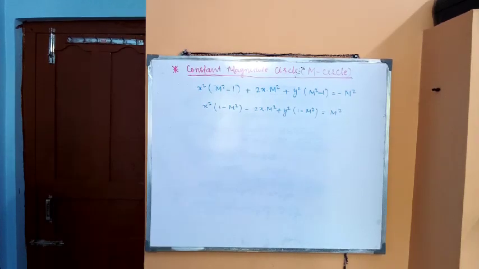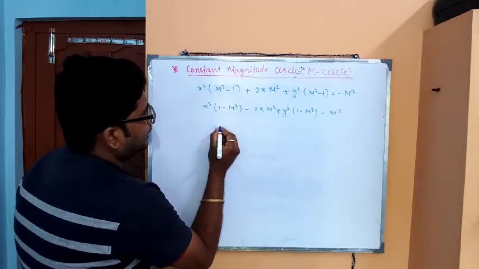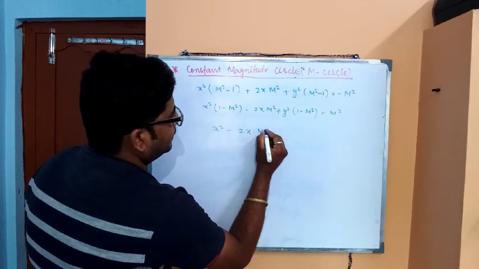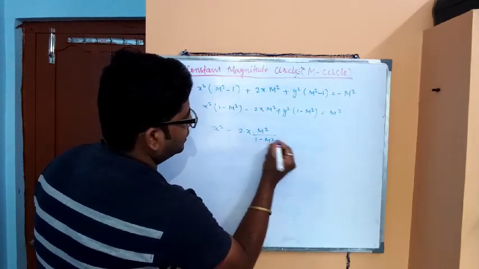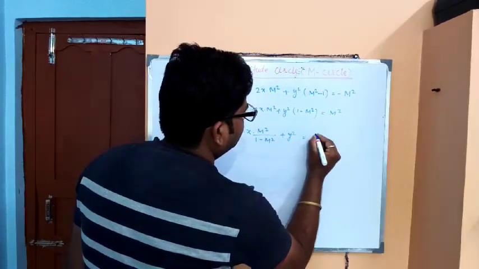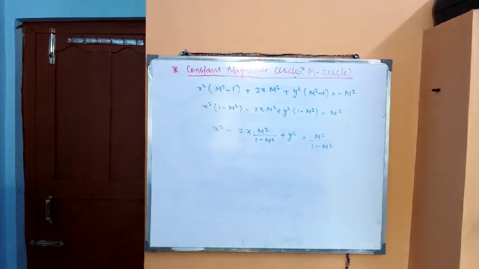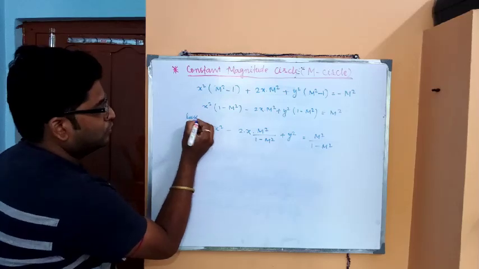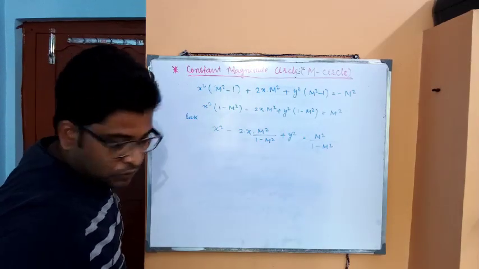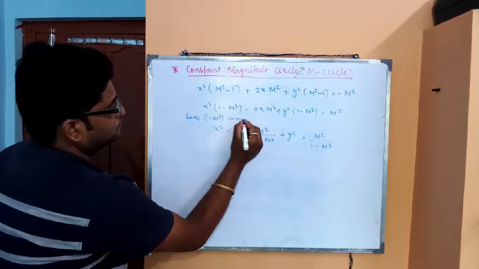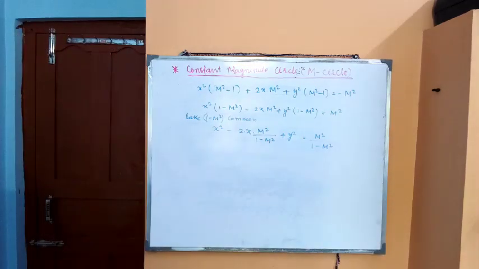If we take 1 minus M square from this equation, then this equation becomes x square minus 2 into x into M square by 1 minus M square plus y square is equal to M square by 1 minus M square. So after taking 1 minus M square common, we get this type of expression.